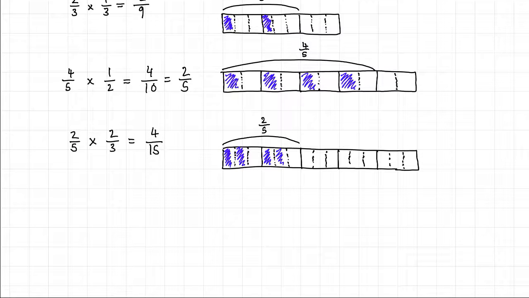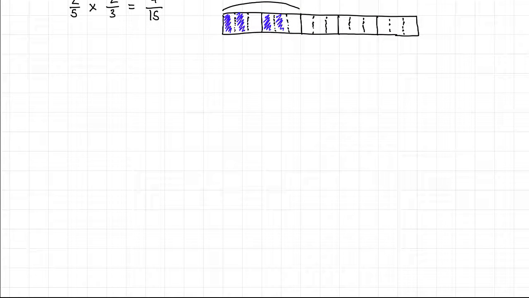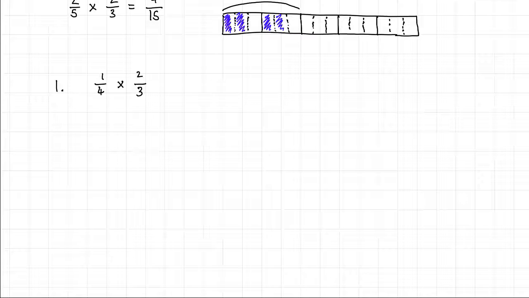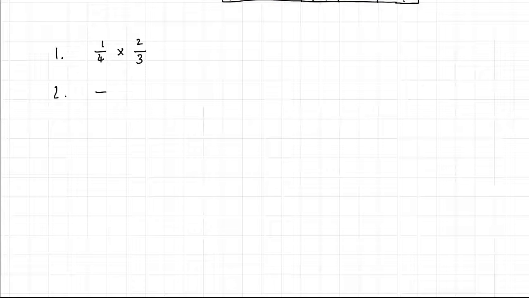Now I'm going to write some questions for you to do. Now I'd like you to draw the diagrams for this first one. So let's have a quarter and multiply that by 2/3. Okay, so I want you to draw the diagram for this one. Let's have another one. I want you to draw the diagram for this second one as well. Let's have 2/3, and I'm going to multiply that by 3/4.